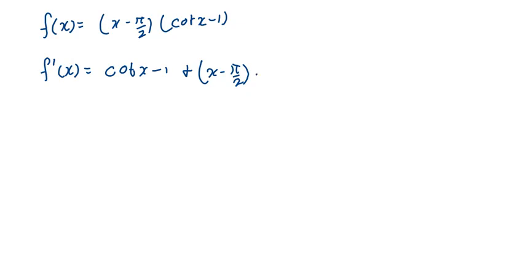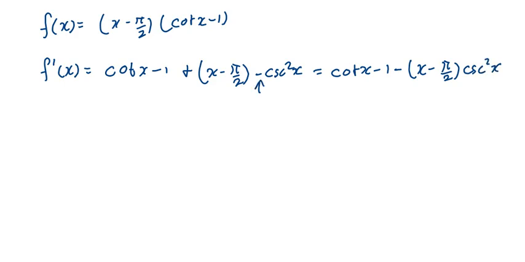So that would be minus cosecant squared x, of which everything here I can write as cotangent x minus 1, then minus x minus pi over 2 times cosecant squared x. The minus that was here is the one that I've moved and brought right there.